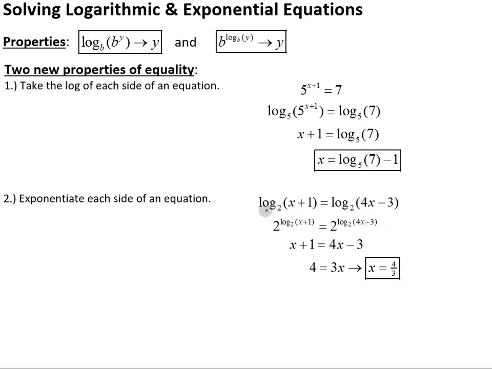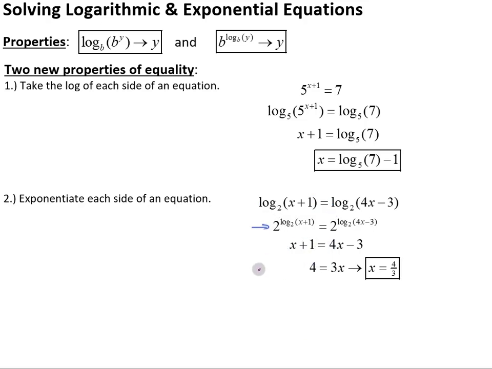What we can do, because this is log base 2, is we can exponentiate each side using 2 as our base. So that's what this looks like, is we basically write a big 2 here and here, and this expression on each side becomes the exponent on our base of 2. So that's what's happening in this step here.